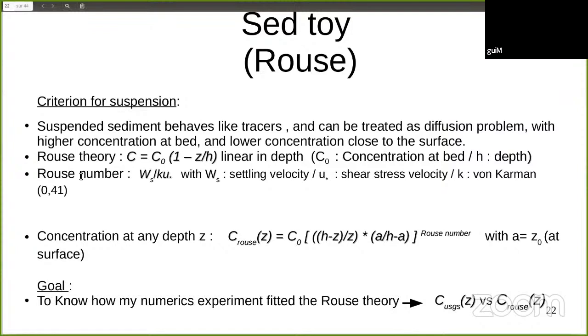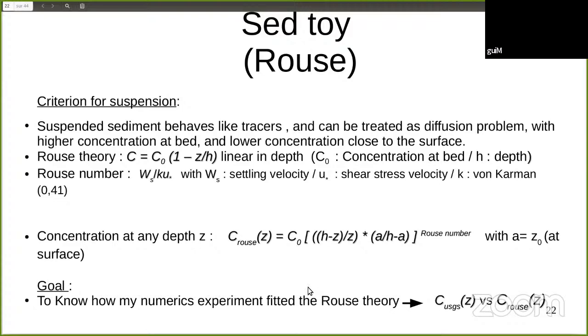Okay, for the Rouse theory, as Rashid said, we can see the sediment like a diffusion problem with higher concentration at the bed and lower at the surface. So we can compute a theoretical profile respecting this theory, and associated with this you have a Rouse number depending on the settling velocity and the shear stress.